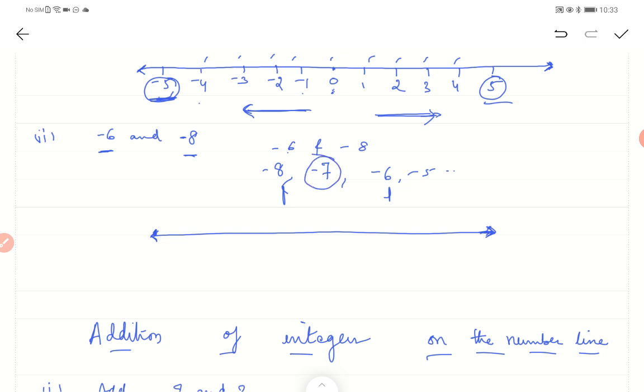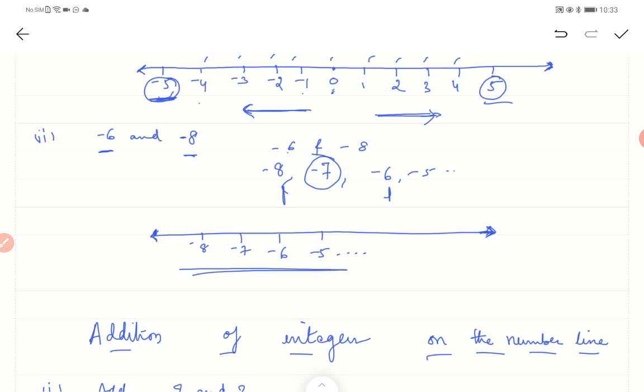Let's plot it on the number line. So you have minus 8 somewhere here. This will be minus 7, this is minus 6. It will be minus 5 and so on. After minus 1 you will get 0. We just need to plot it on the number line like this. This much is enough for you.